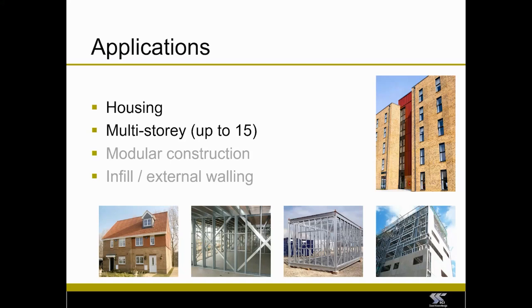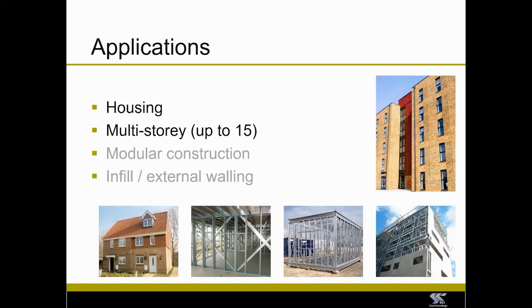And so it's mainly residential, but it can also be similar types of buildings that have got multiple internal walls. So maybe school environments, hotels, some offices, and also healthcare buildings as well.